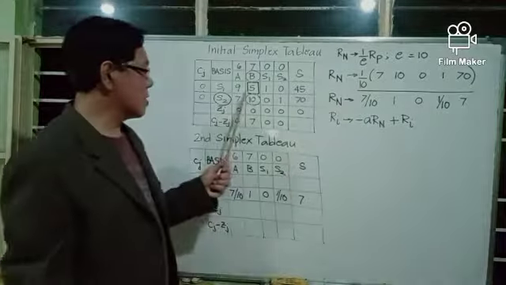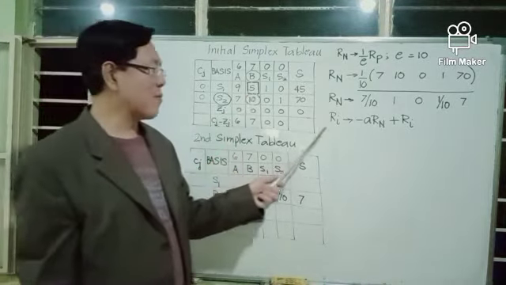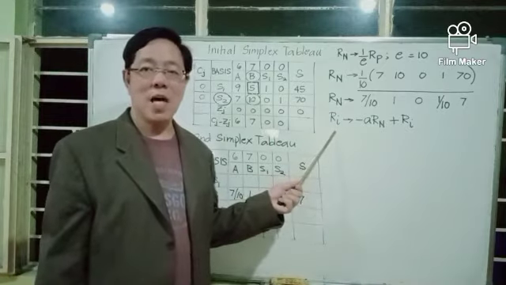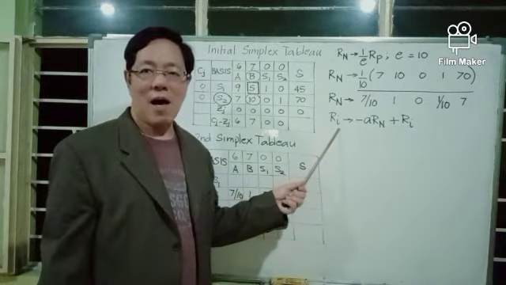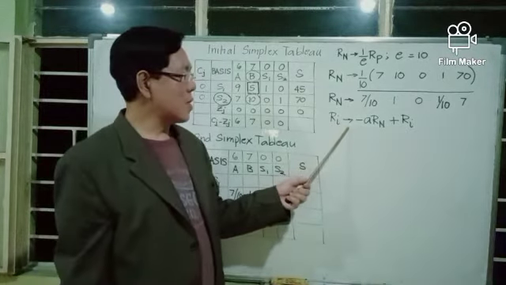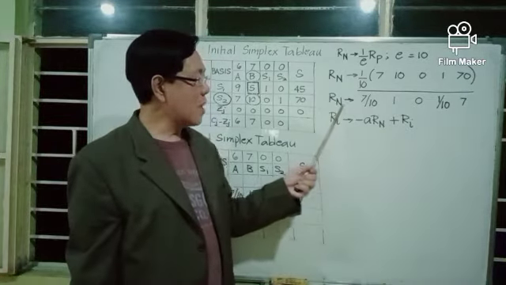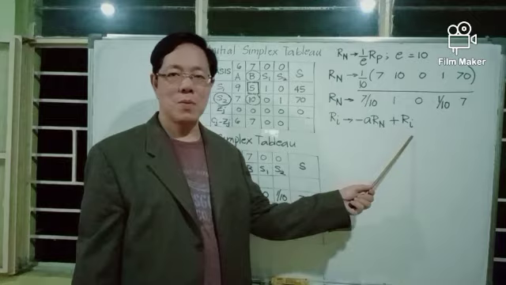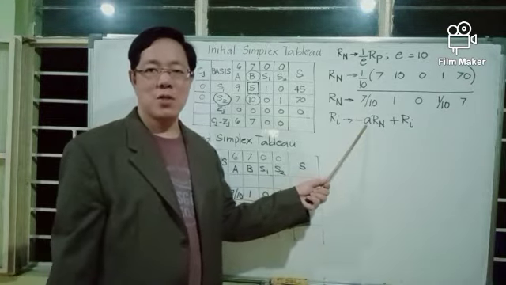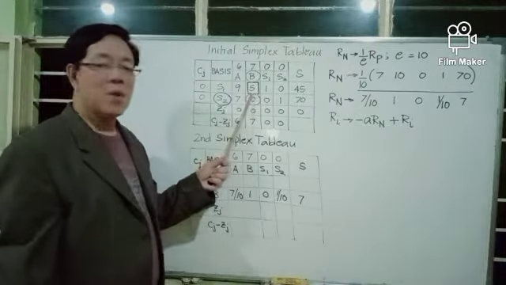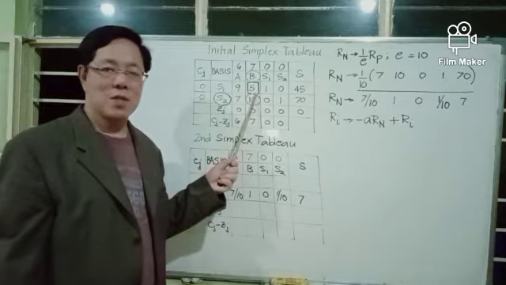Again, to change this entry 5 to 0, we perform this, the second type of elementary row operation. R sub i, the ith row, is to be replaced by a scalar multiple of the new pivot row plus the ith row. Here A is the number to be changed to 0. In our example, A is 5, because 5 has to be changed to 0.